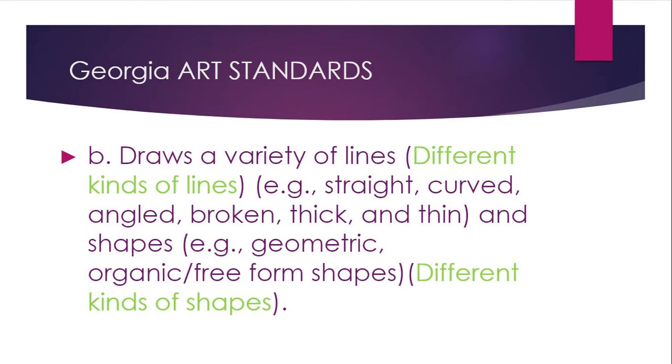We're going to use straight lines, curved lines, angled, broken, thick, and thin lines. We're also going to create shapes, which is another element of art. And some of the shapes may look geometric, some may look like free form shapes, but they're going to be different so that we can have a variety of things going on in our artwork.